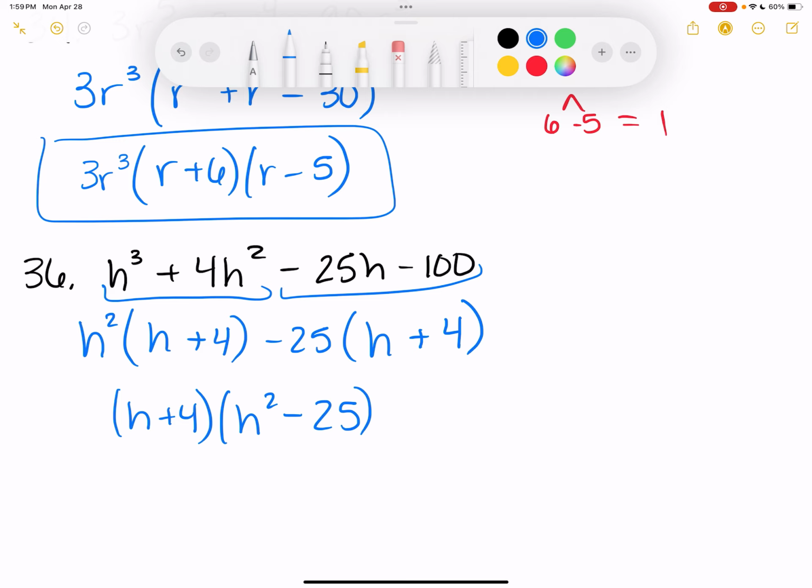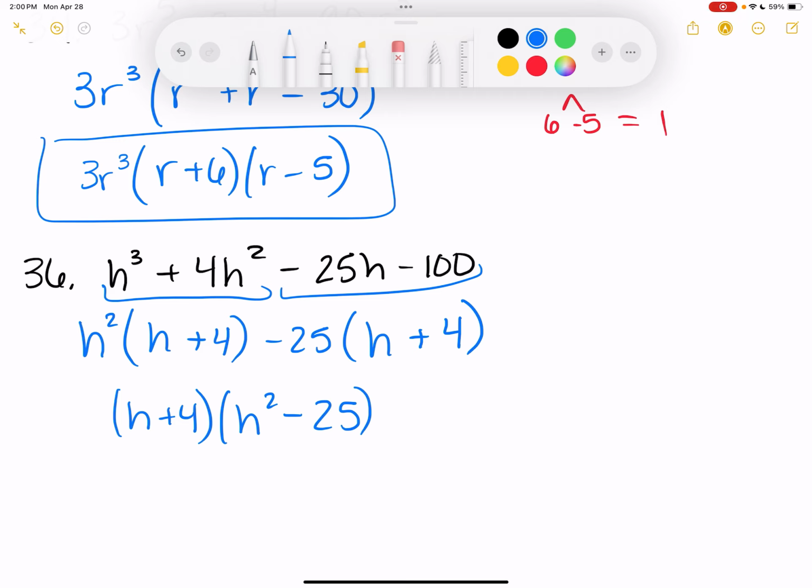What is this? It's a difference of squares. So, what would this factor into? H squared minus 5 squared, that's what the 2 terms are, but what does it factor into?